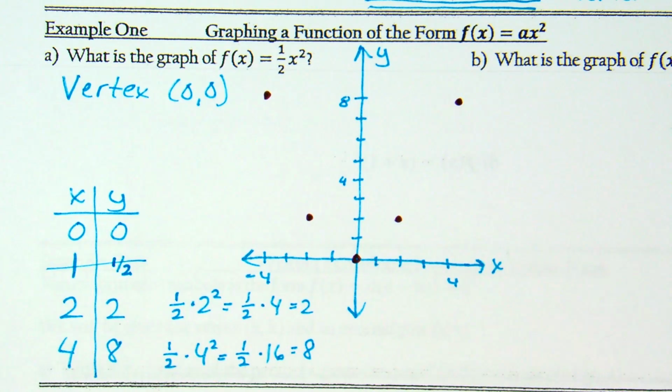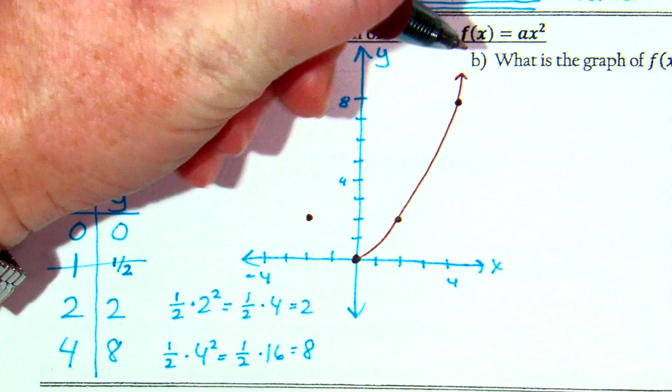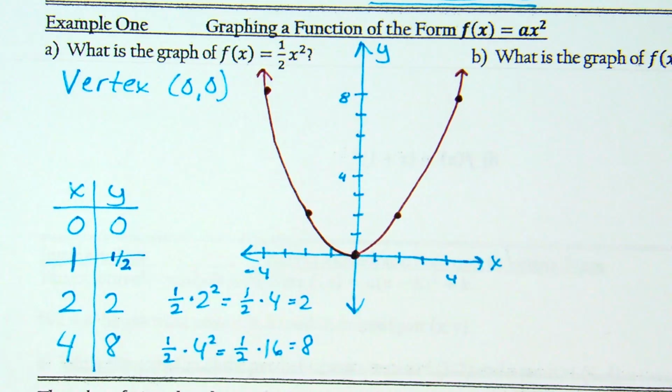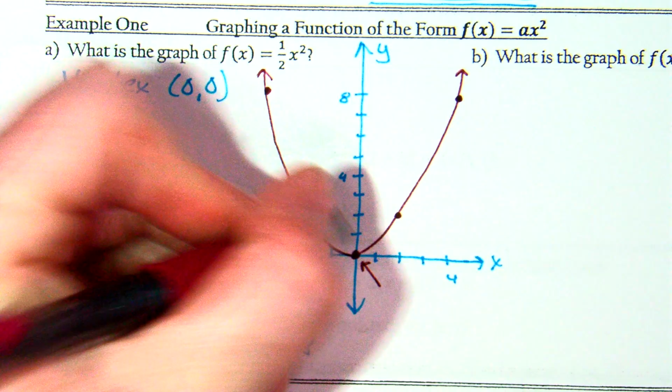When you draw this, do your best attempt to make this U-shaped as opposed to V-shaped. In other words, that bottom is rounded, not pointed. Mine's a little lopsided, but you get the idea. So a little bit of vocabulary here, a little bit of labeling, that is the vertex.